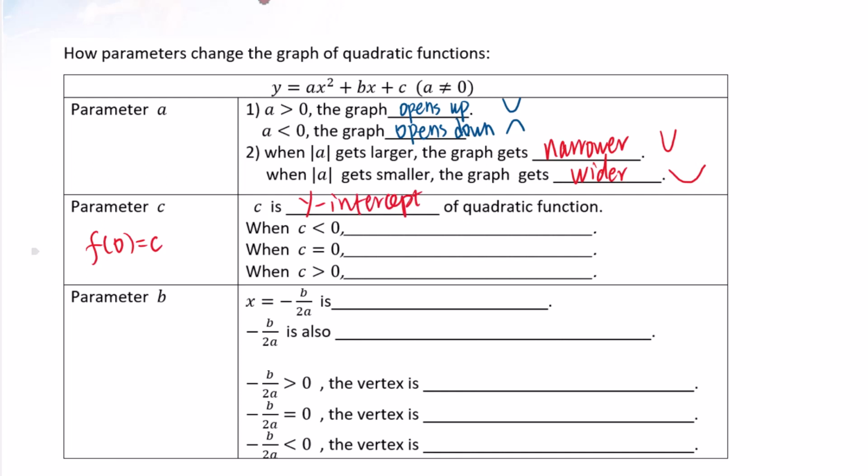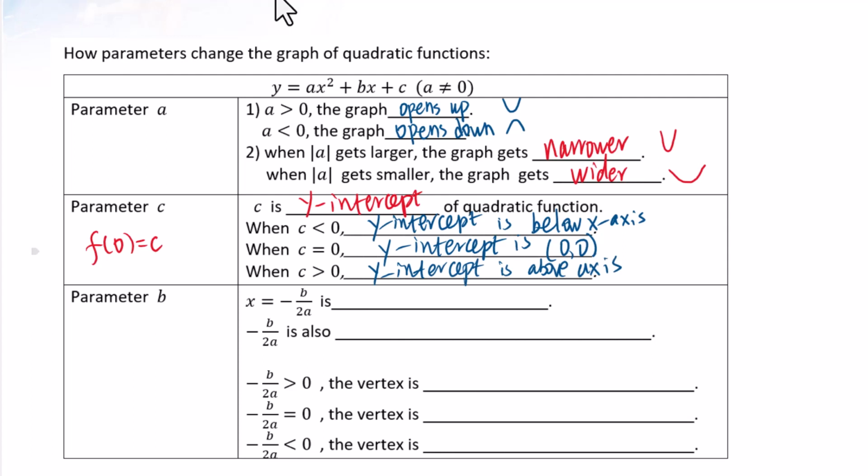of a quadratic function. When c less than 0, the y-intercept is below the x-axis. When c equals 0, it means the y-intercept is (0, 0), the origin. When c greater than 0, the y-intercept is above the x-axis.